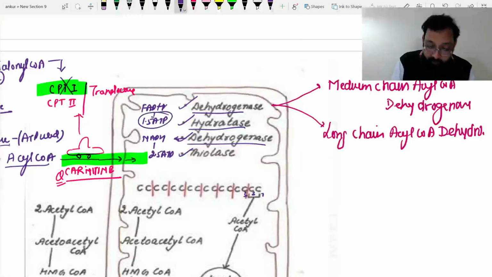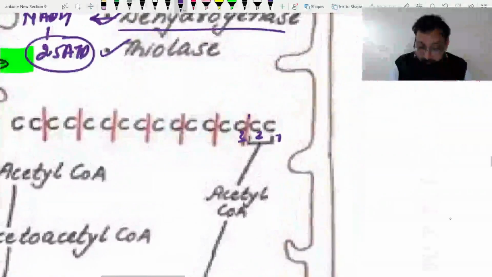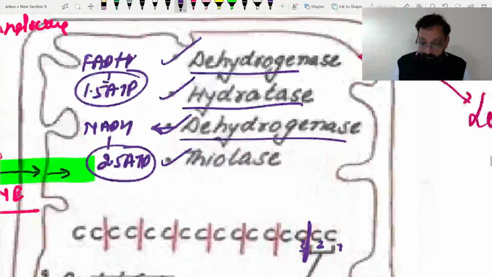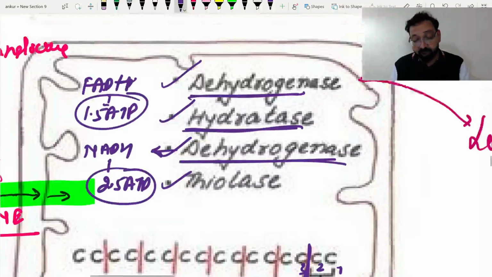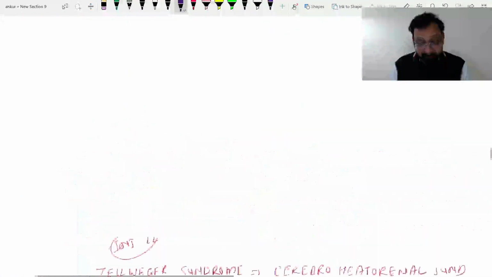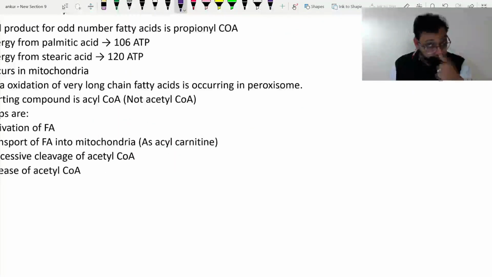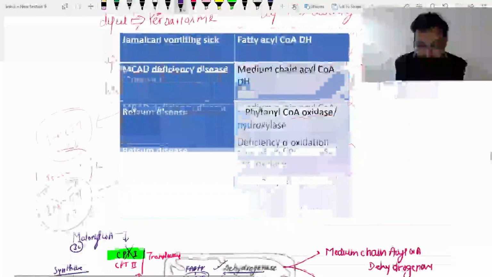So 1.5 plus 2.5, total 4 ATP. So this bond is cut between C2 and C3, and by this cutting, dehydrogenase, hydratase, dehydrogenase, opposite to fatty acid synthesis, which is reductase, hydratase, reductase. Question has been asked many times.